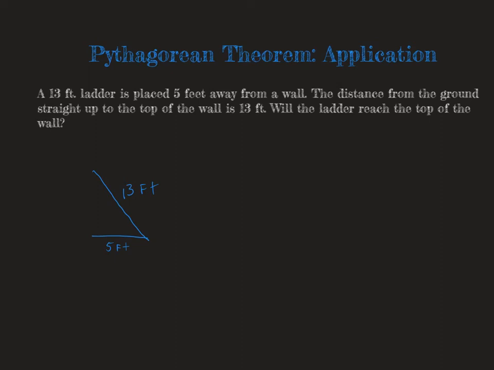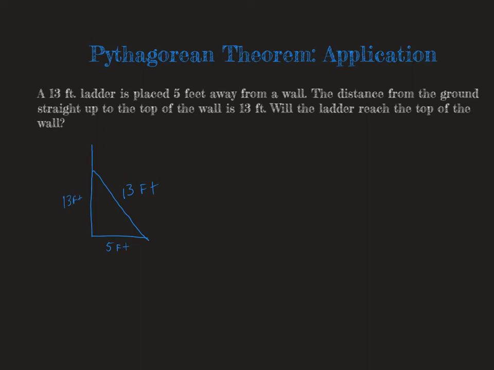The distance from the ground straight up to the top of the wall is 13 feet. So it's telling you the top of the wall is going to be 13 feet. Will the ladder reach the top of the wall?